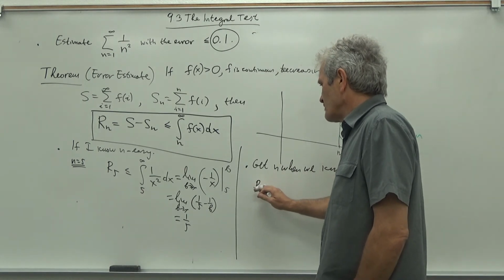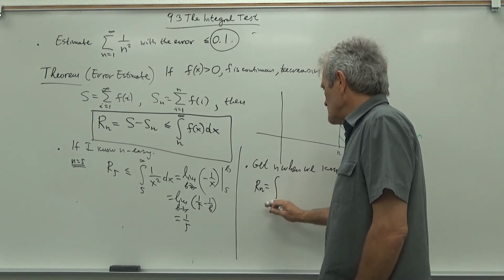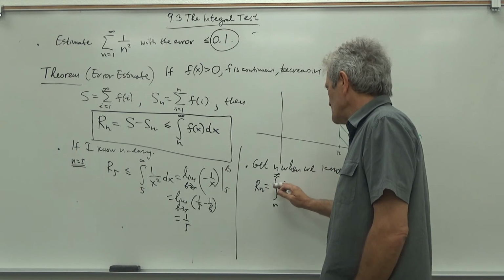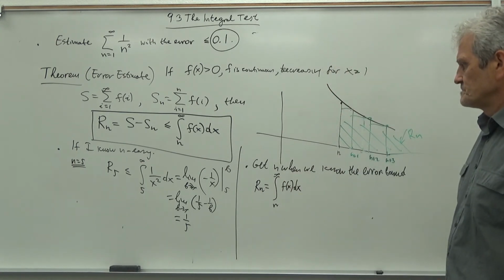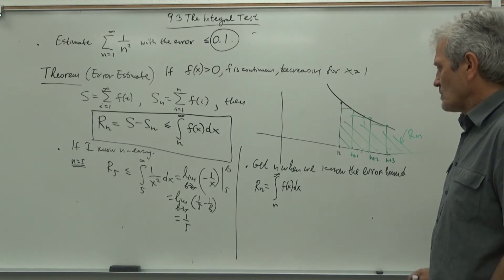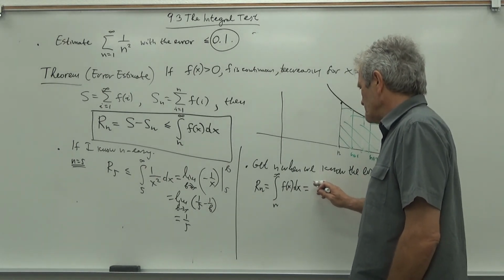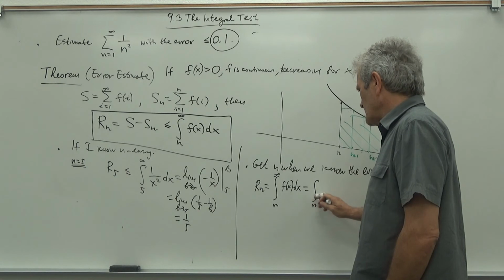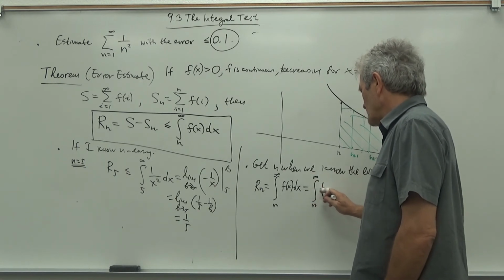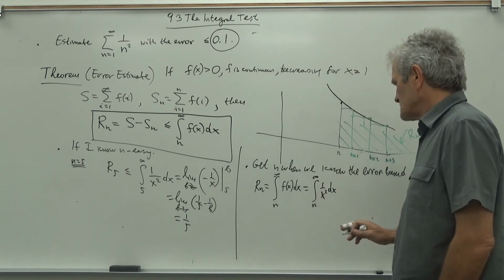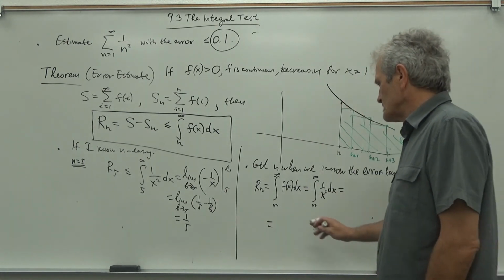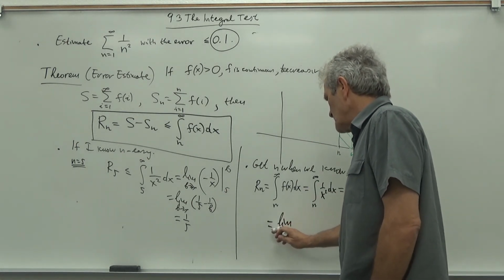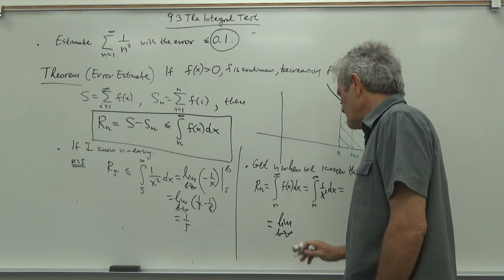My Rn, for n that I don't know, is the integral from n to infinity of f of x dx. So I will calculate that. That would be the integral between n and infinity of 1 over x squared dx, so I calculated with undisclosed n. That would be the limit when b goes to infinity.